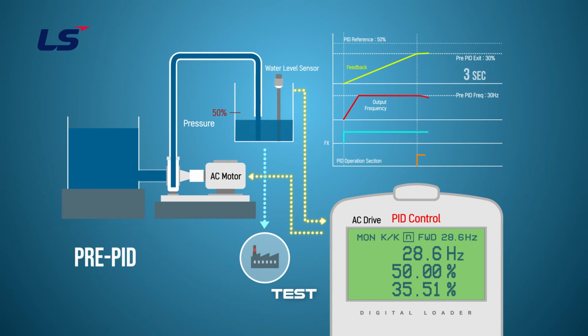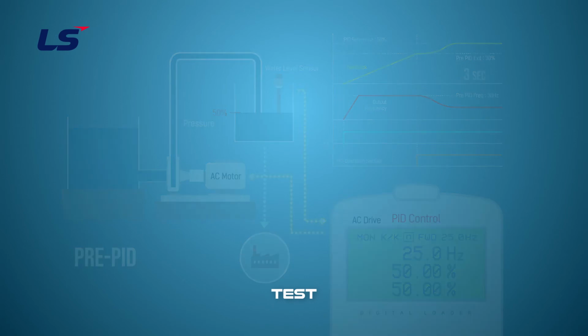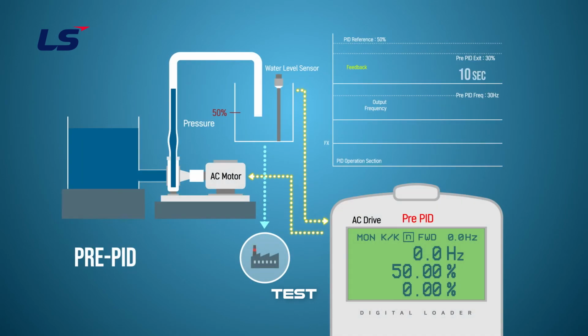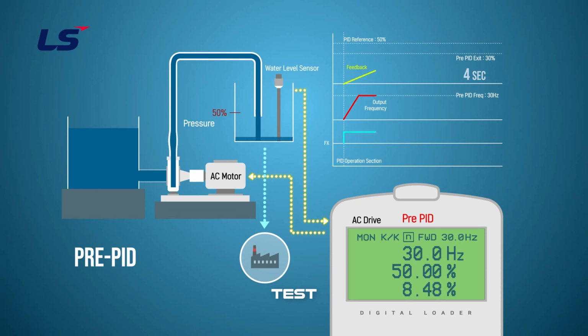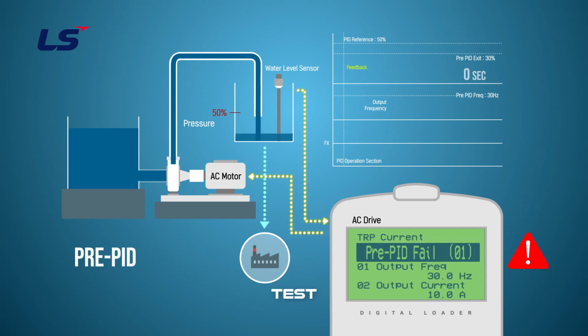When the PID feedback value approaches the PID target value, the frequency becomes stable. If the PID feedback value is less than 30% and the state is maintained for 10 seconds, a pre-PID fail trip is generated and the output is cut off.